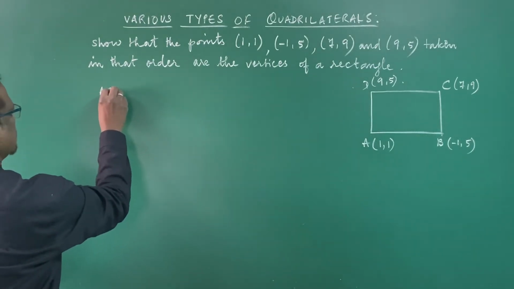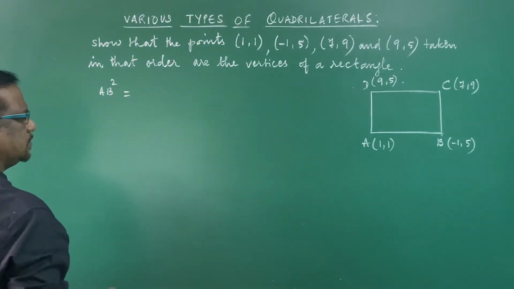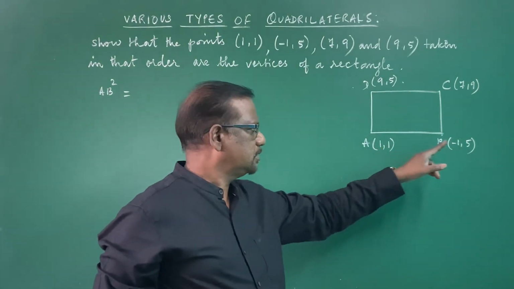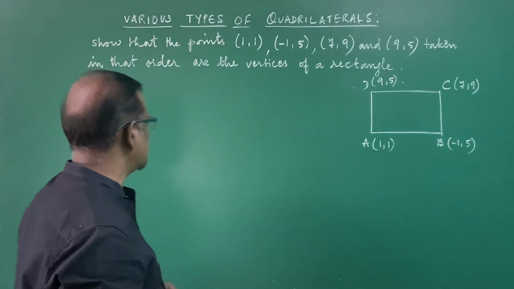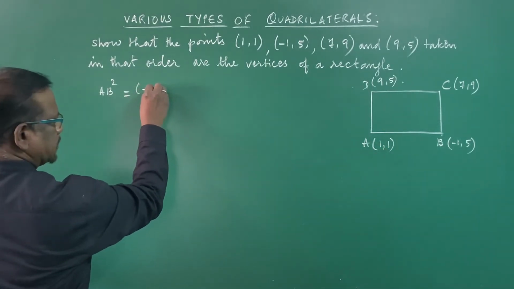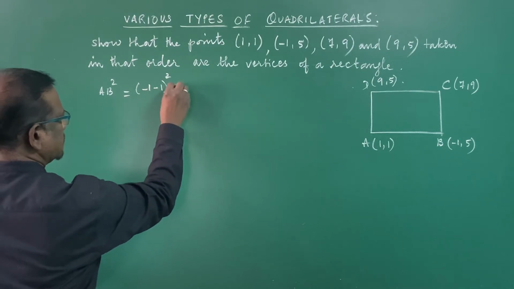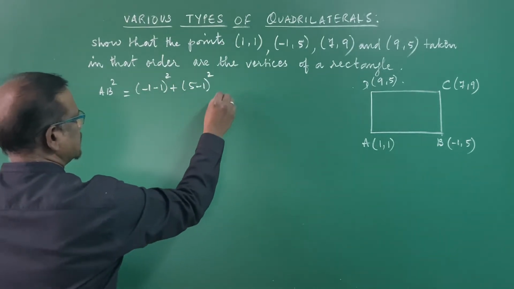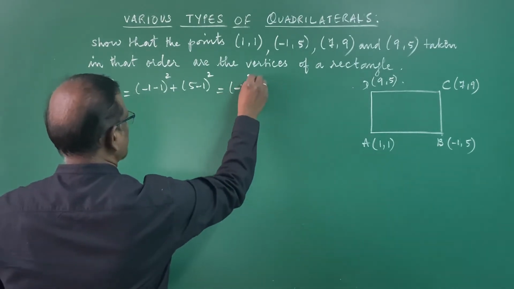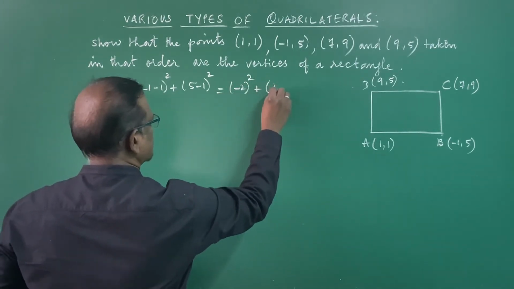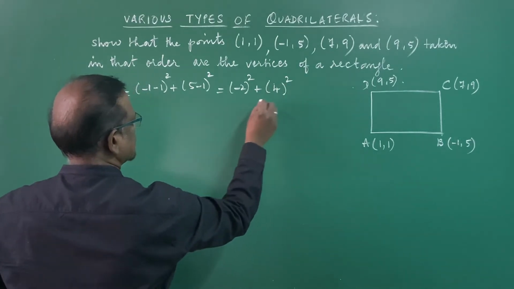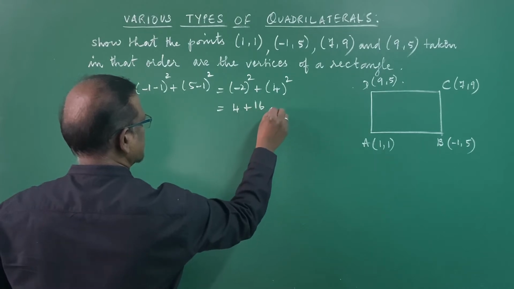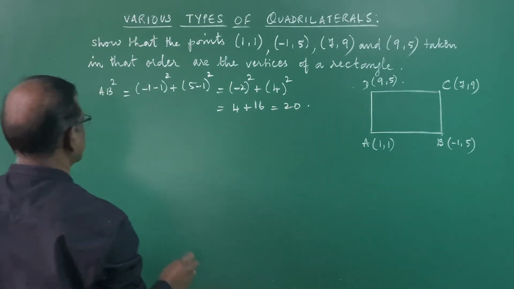We will go for AB square, that is (x2 minus x1) whole square plus (y2 minus y1) whole square, that is (minus 1 minus 1) whole square plus (5 minus 1) whole square, that is equal to minus 2 whole square plus 4 whole square, that is equal to 4 plus 16, that is equal to 20.